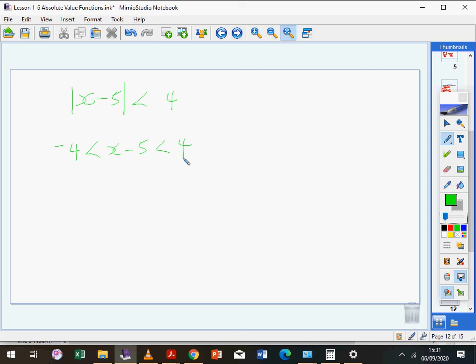So then I'm just going to solve this inequality: negative 4 less than x minus 5 less than 4. I'll add 5 here, add 5 there, and also add 5 here. On the left hand side, negative 4 plus 5, I have 1 < x < 9. And that gives you the same solution as what you got earlier.